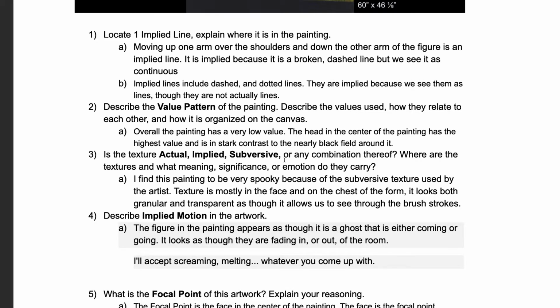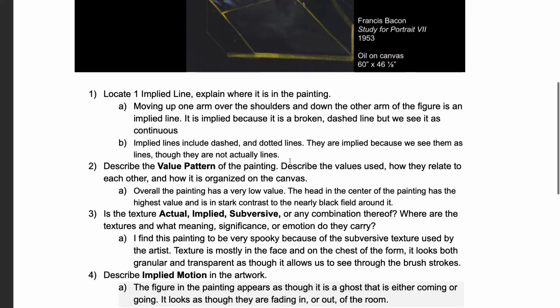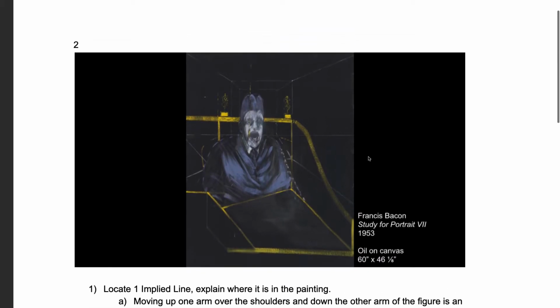When you talk about value, you are talking about properties of colors, but you are not talking about colors. To explain, imagine looking at this painting through a black and white television screen. What do you see?